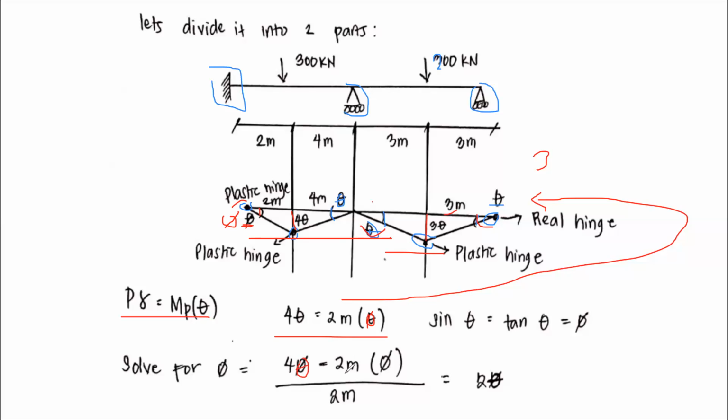For theta is equal to 2 meter multiplied by phi. So, para ma-cancel natin to, kailangan natin i-divide sa 2 meters. So, makukuha natin sagot is 2 theta ang value ng ating phi.